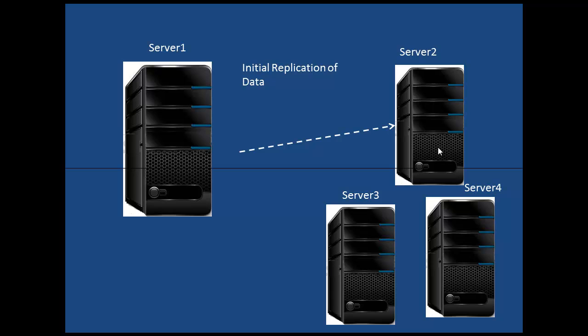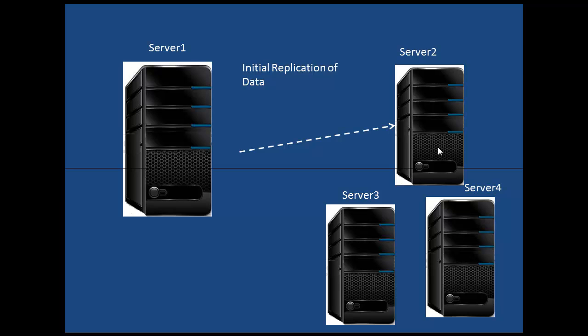Let's say Jim made a change to a file at 10 o'clock. And then Jenny made a change to that same file at 10 past 10. The change that was made at 10 past 10 is a change that will be replicated to the other servers.